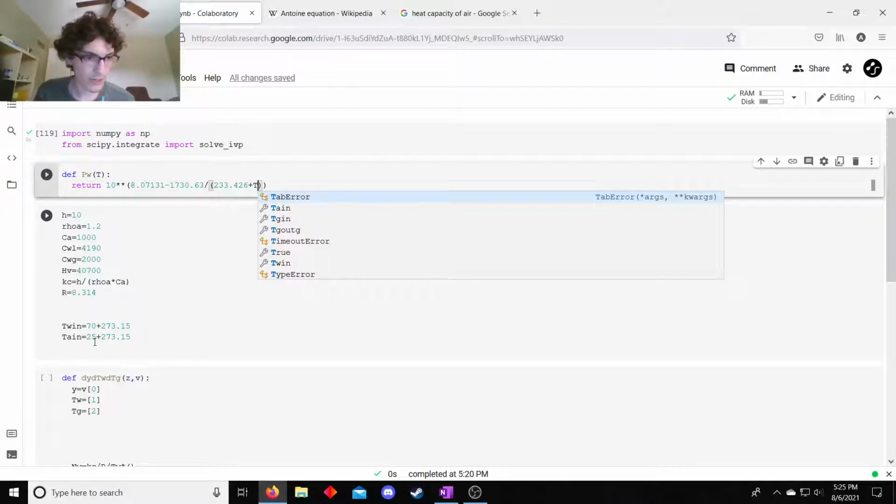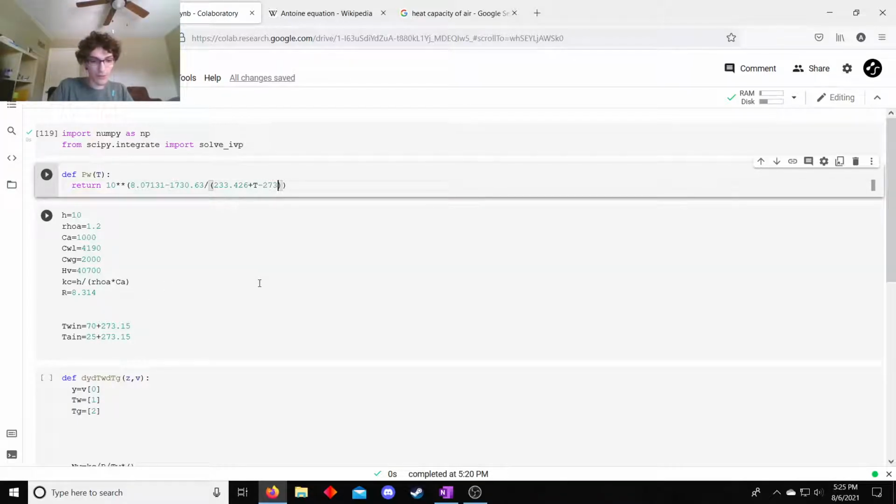Our temperatures down here are in Kelvin, but this temperature needs to be in Celsius, so I'm going to subtract 273. Okay. Is that enough? Yeah.